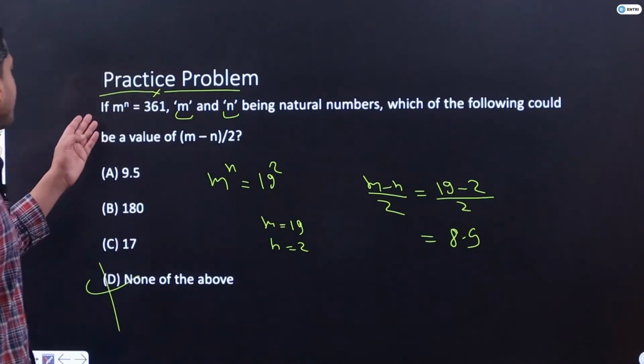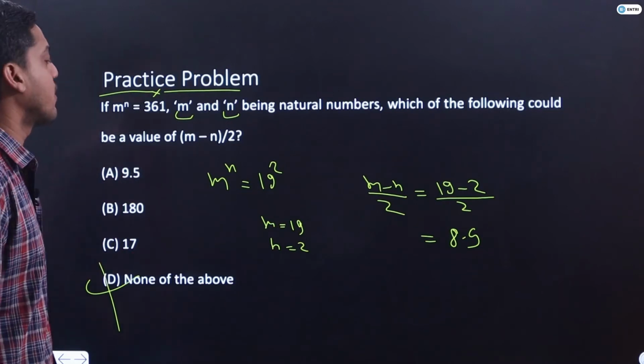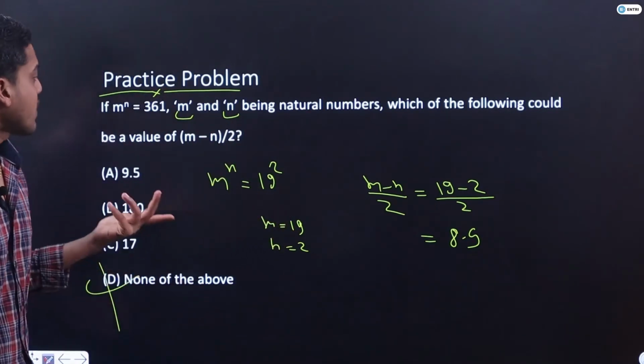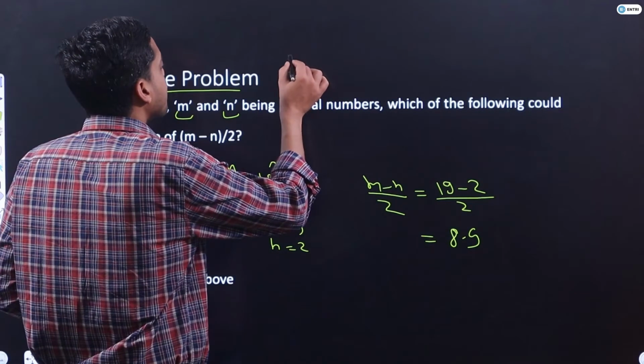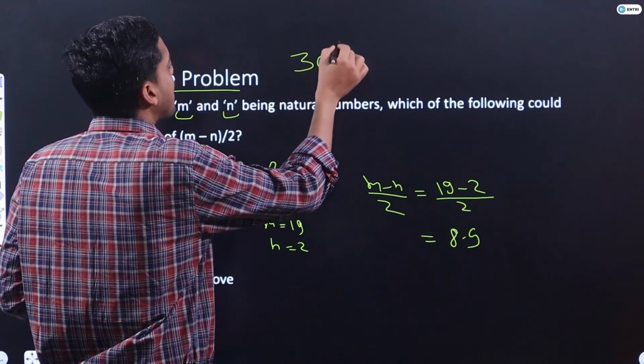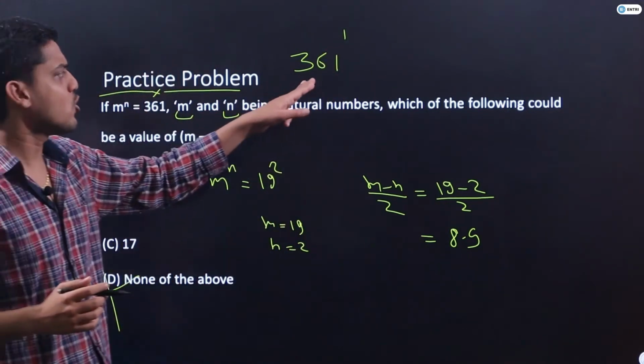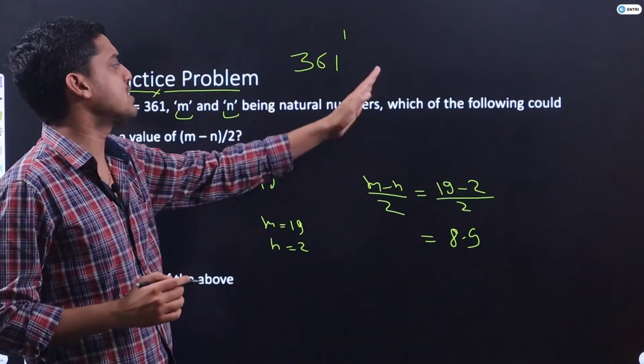Because if m to the power n is 361, and m and n are natural numbers, can I say 361 to the power 1 as well? It is also a natural number, which is equal to 361.